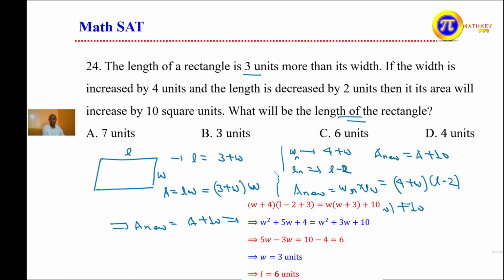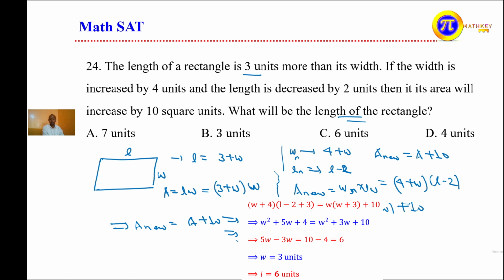Then this implies (4 plus W) times (W plus 1) is equal to W squared plus 3W plus 10.